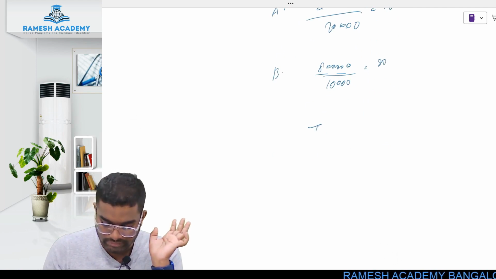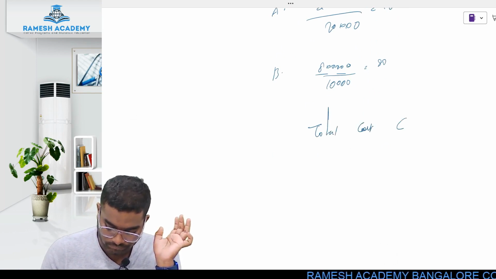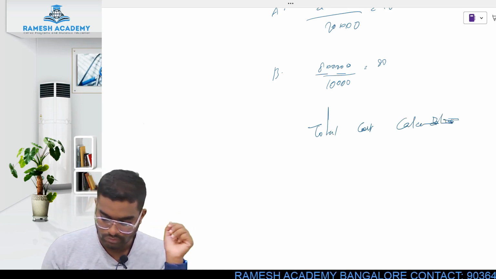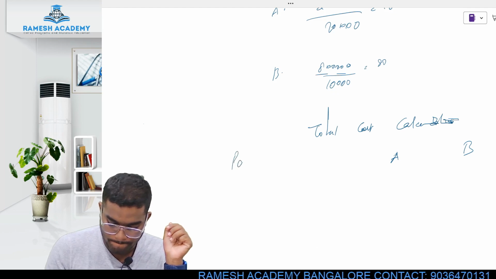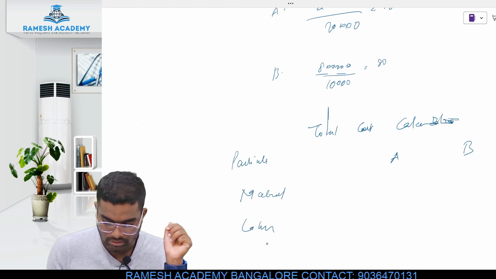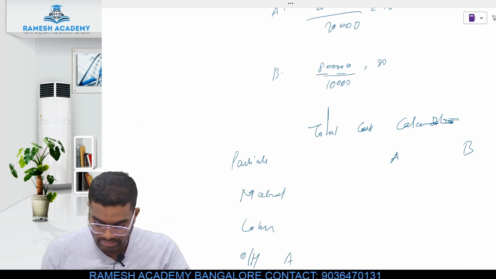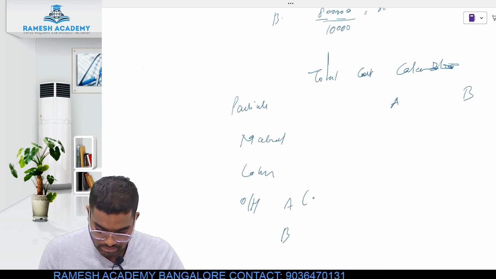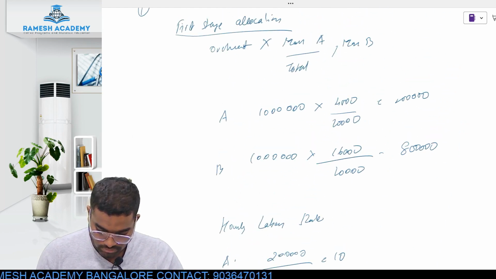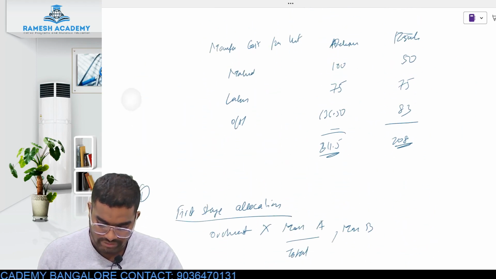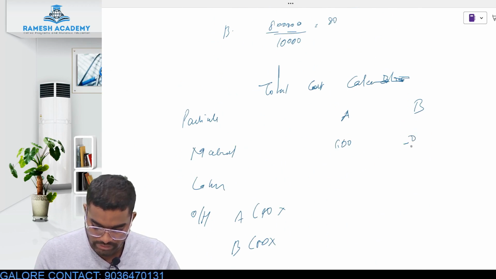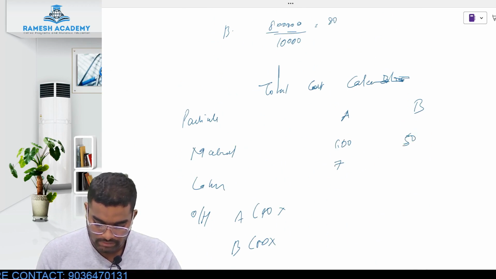So now directly jumping into total cost calculation. So A and B particulars, material and labor is easy, I'll just copy it. Overhead, production department A and production department B. So here it is 10, here it is 80. So yeah, 150, 75, 75. This will be same. Okay, 150, 75.